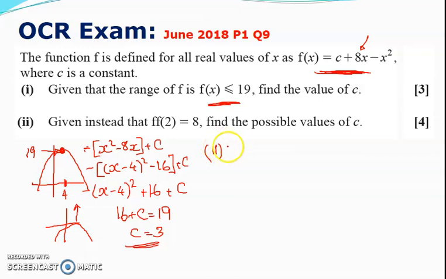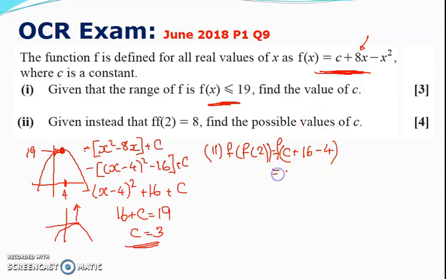It says, given instead that f of 2 equals 8. Alright then, so we've seen this before. We do f of 2, which means I put 2 into this. So I get c plus 8 twos are 16 minus 4, and that's still got to be f'd again.